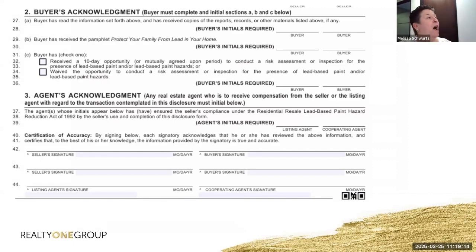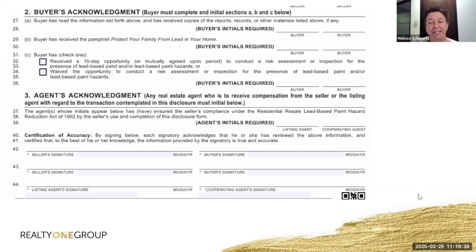And there's nothing above. Do you understand that if you have your buyer sign and initial this, every place they initial, you are liable for the mistake. Every single one of them. If the EPA were to audit our files, you as the agent are liable for the fine.